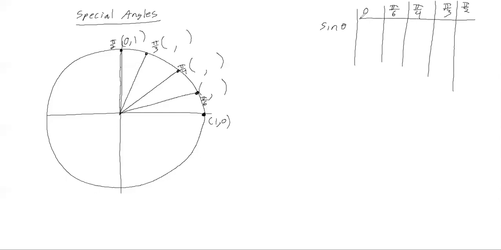Right? And then we said this one was the square root of 0 over 2, this was the square root of 1 over 2, this was the square root of 2 over 2, this was the square root of 3 over 2, and this was the square root of 4 over 2 or 1, right?